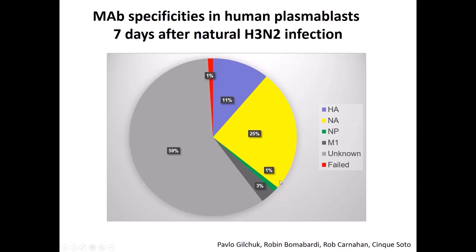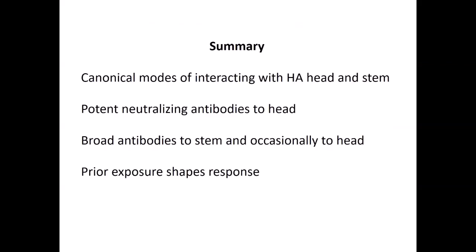We looked at NP and M1 as a minority, but a lot of them are probably to other influenza proteins. So if only 10% of your antibodies are HA, that's a relatively inefficient yield of HA antibodies versus sorting with HA directly. So plasmablast is an interesting technique, but it has some limitations.